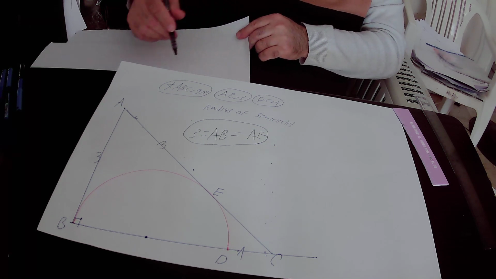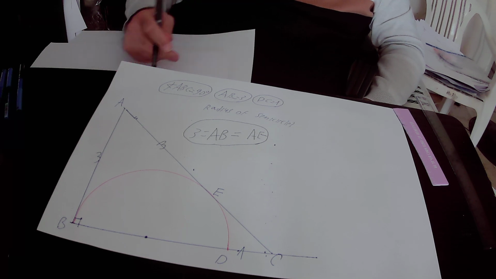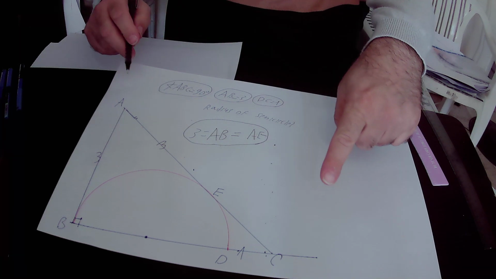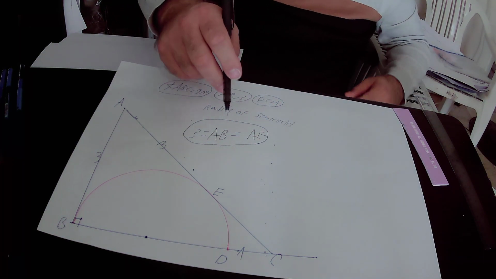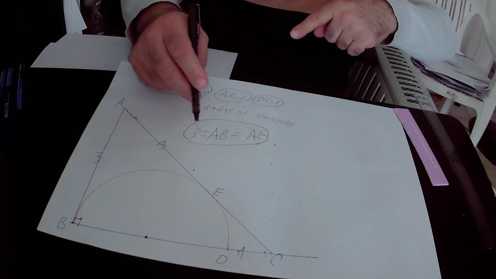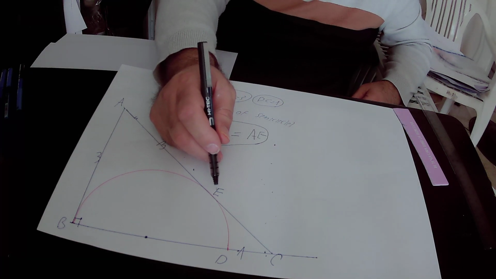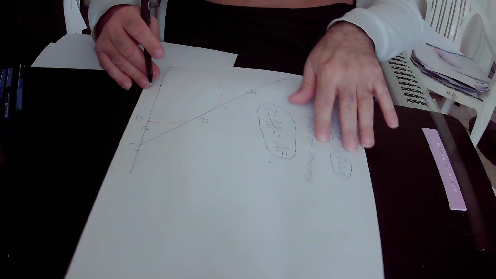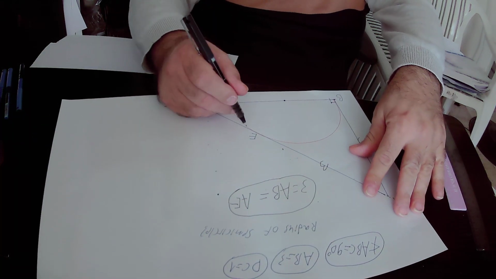Because in our drawing we have tangent AC, which is tangent to this red circle at point E. Point E is the point of tangency of tangent AC with this red semicircle.